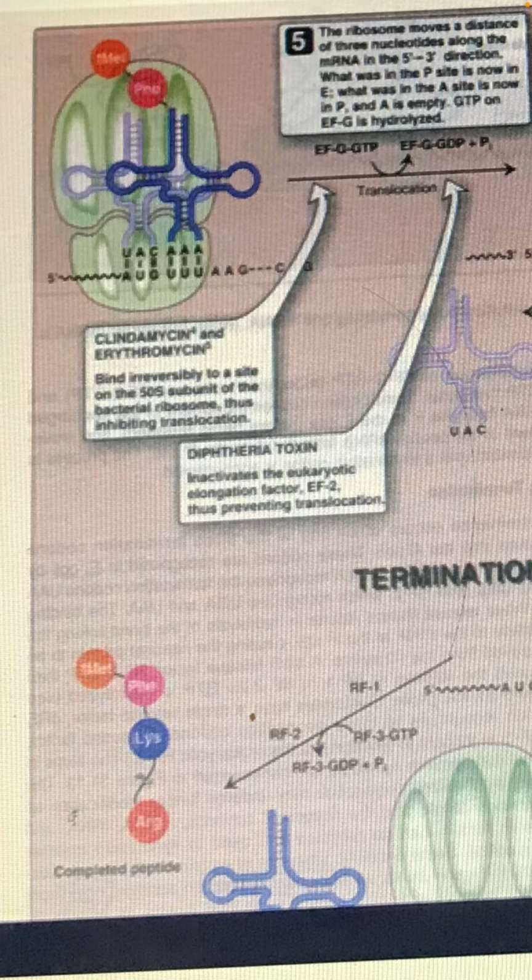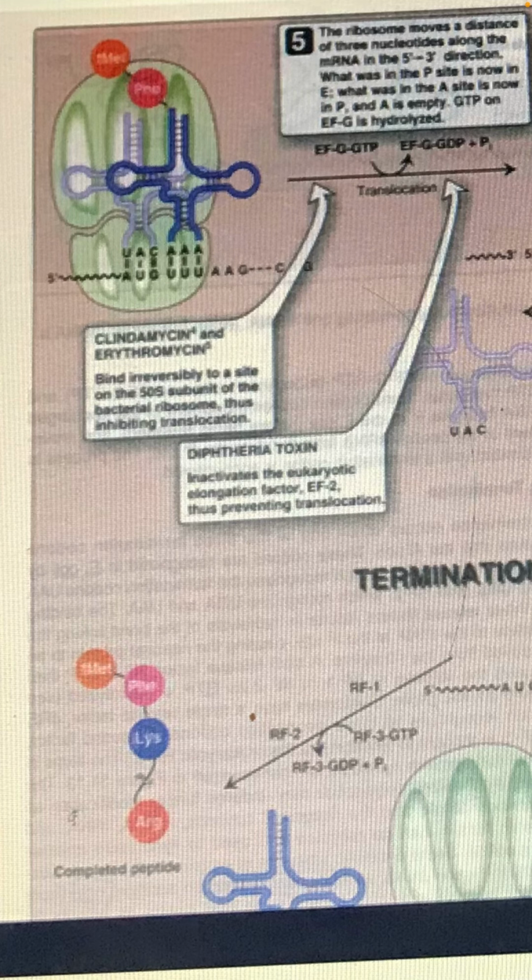Clindamycin and erythromycin bind irreversibly to a site on the 50S subunit of the bacterial ribosome. So we studied streptomycin and tetracycline having structural similarity with the 30S subunit, while clindamycin and erythromycin have structural similarity with the 50S subunit, and they interfere with the translocation process.